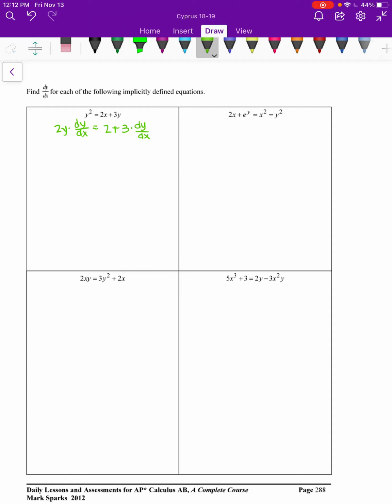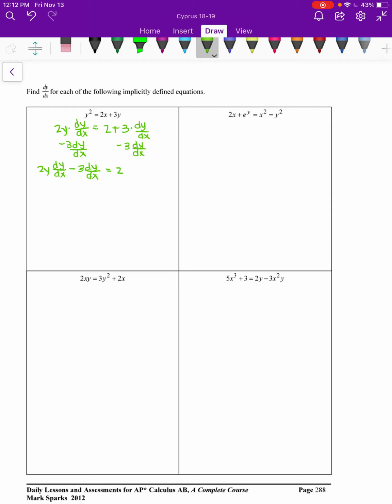So now we want to get dy dx all on one side and then solve for dy dx. So in order to do that, I'm going to subtract 3 dy dx from both sides. So I end up with 2y dy dx minus 3 dy dx equals 2.